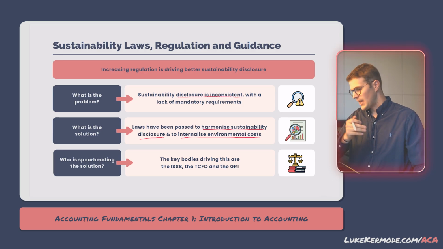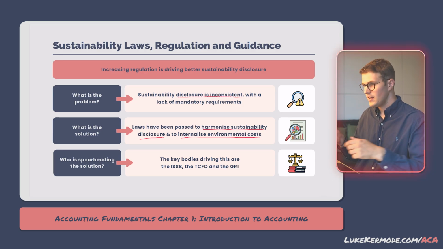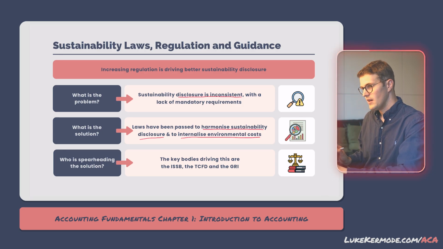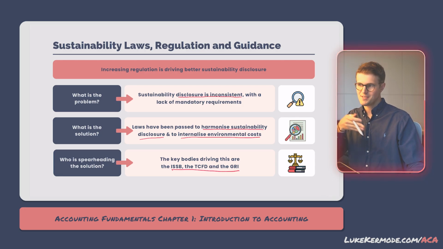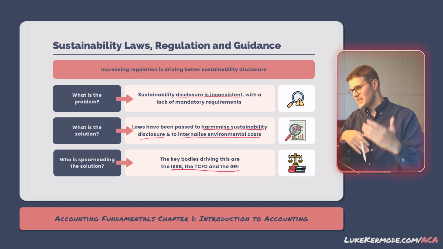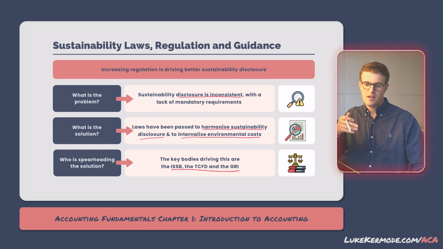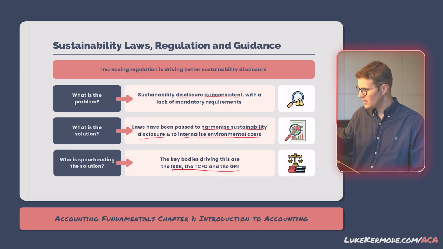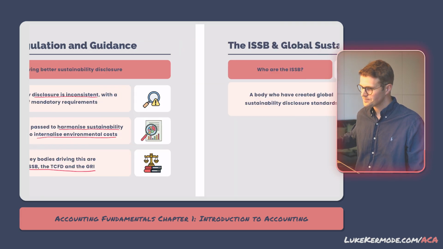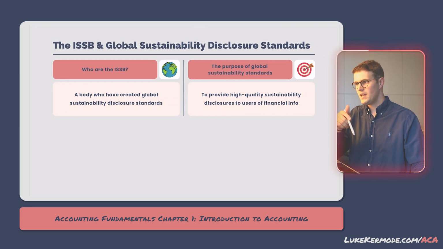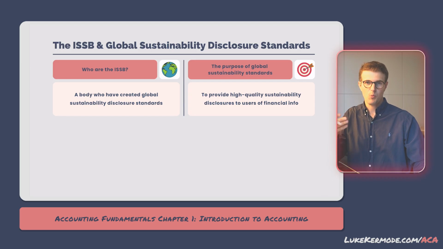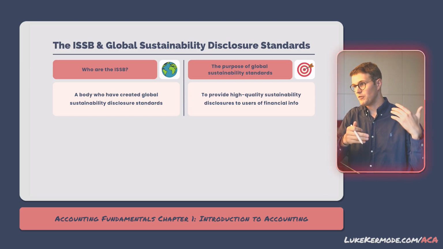That's why key bodies like TCFD, ISSB, and GRI come in. They provide guidance to help standardise sustainability disclosure, making it easier for businesses to report on their sustainability efforts clearly and consistently. The ISSB was formed in 2021 by the IFRS Foundation.